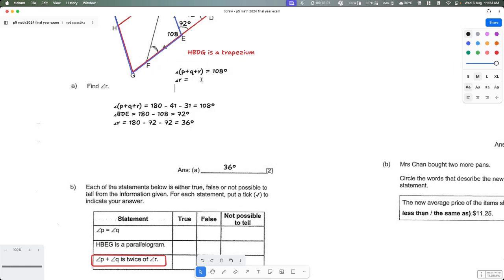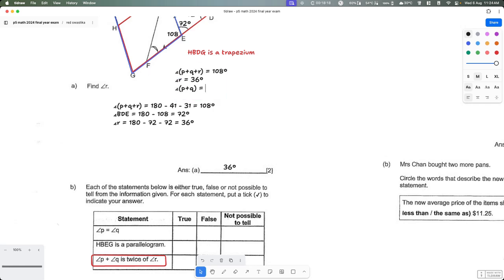Then from here, how do we know what P plus Q is? P plus Q is essentially just 108 minus 36.